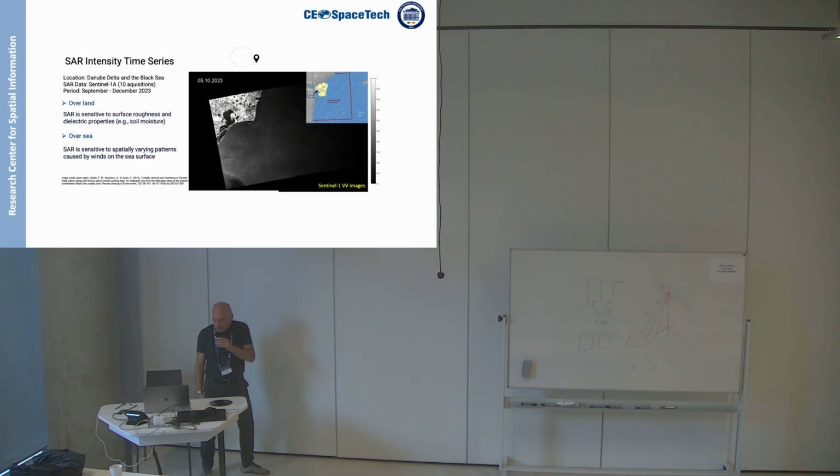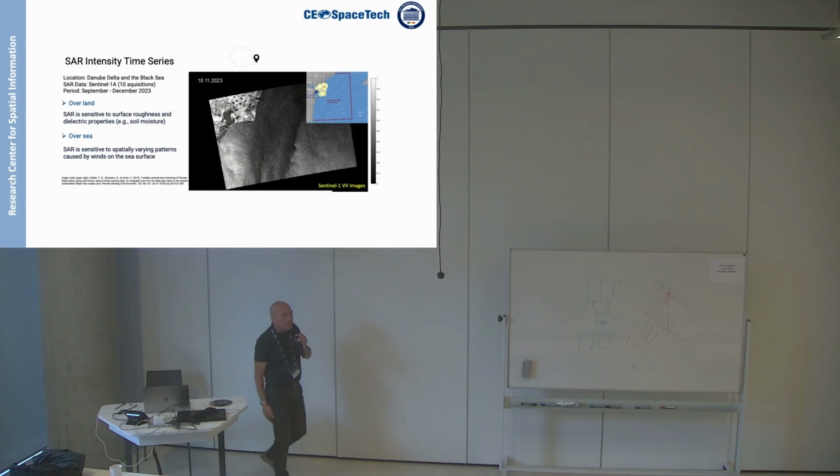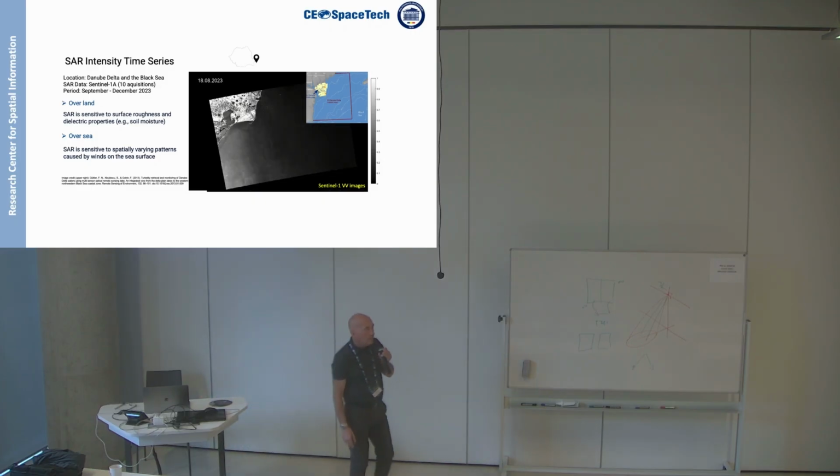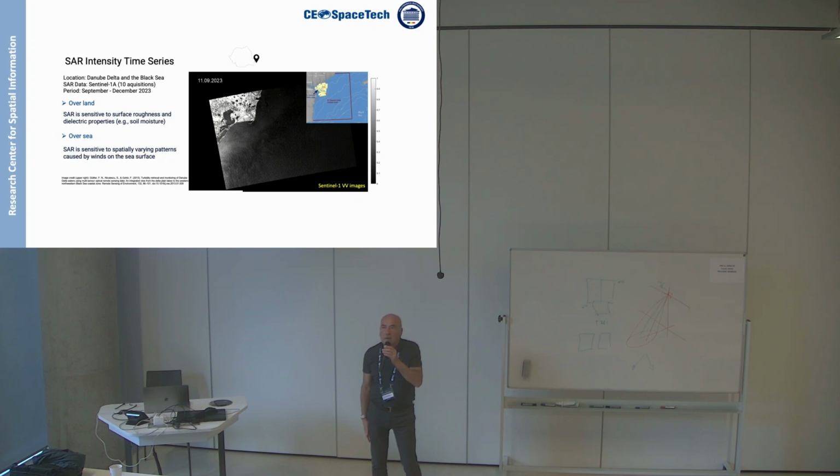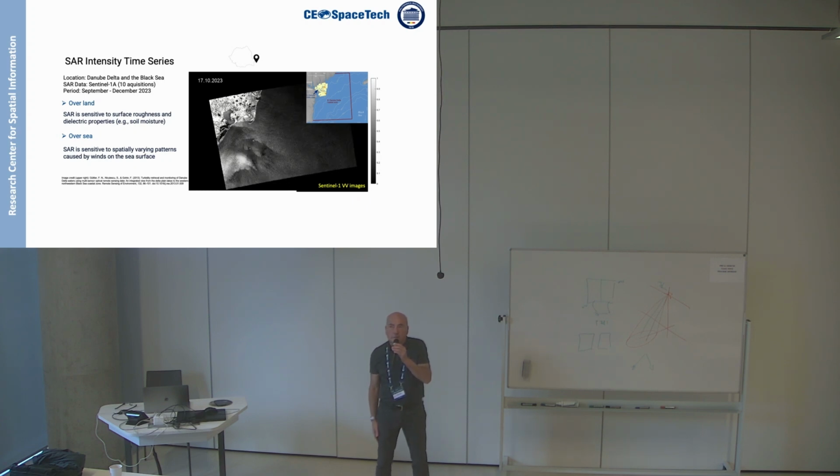That is another time series. It's a time series of synthetic aperture radar on the Black Sea. From this time series, we can observe the water surface. And the water surface, it is actually the reflection, is affected mainly by two phenomena: wind, provoking waves, and sea currents.